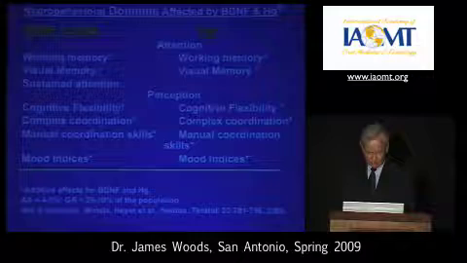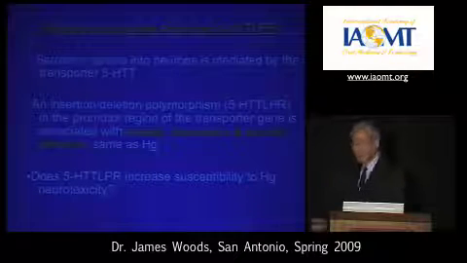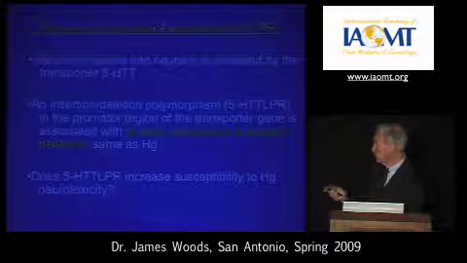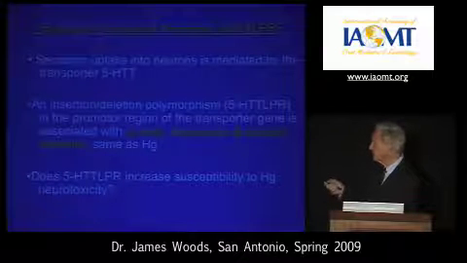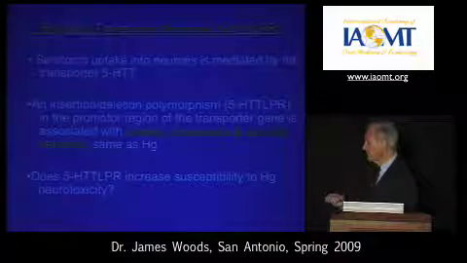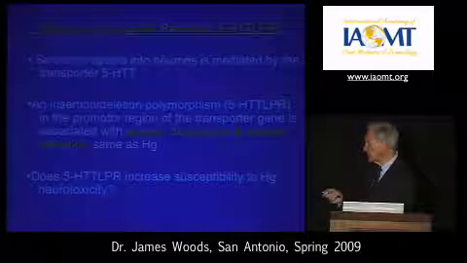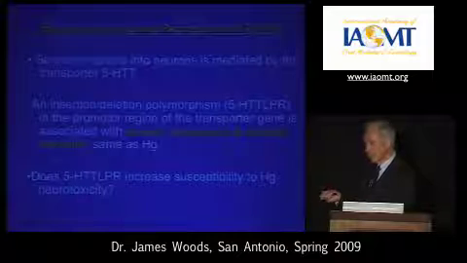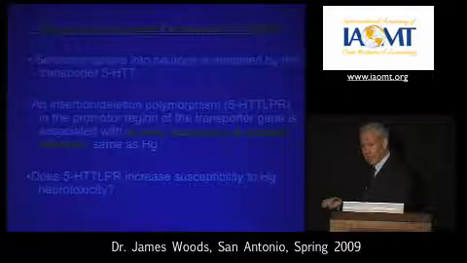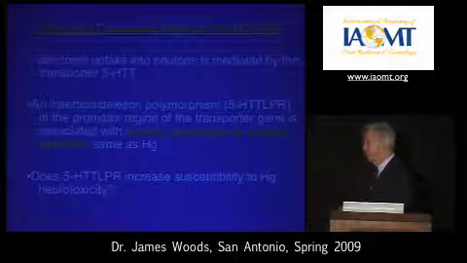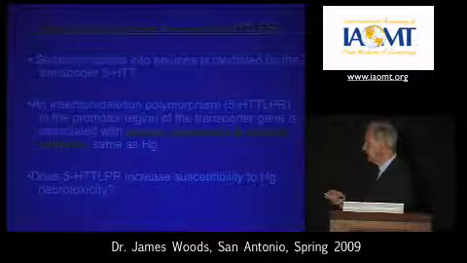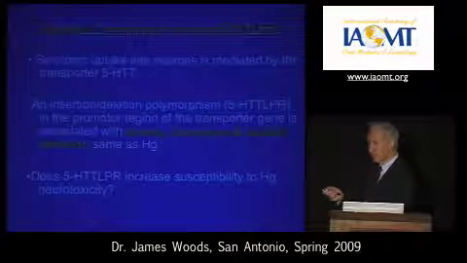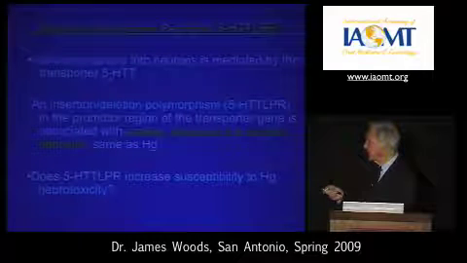Here's another one that we've looked at called the serotonin transporter polymorphism. It's called 5-HTT-LPR. Serotonin, as you know, is an extremely important neurotransmitter. It mediates especially mood and is associated with a number of other neurobehavioral functions.